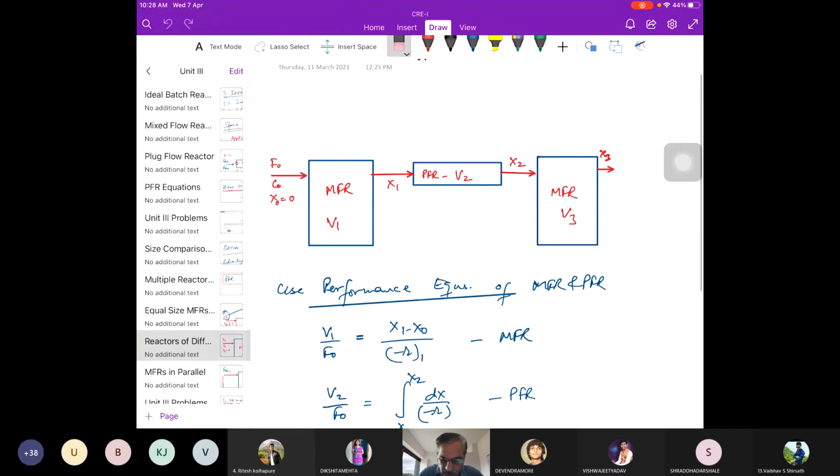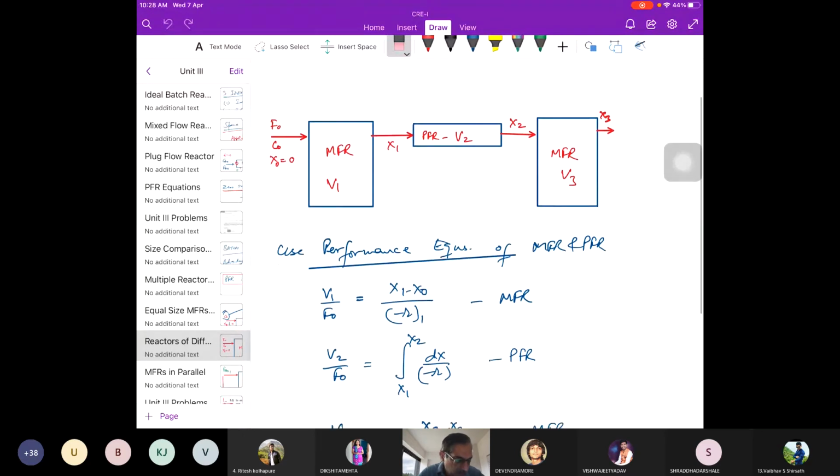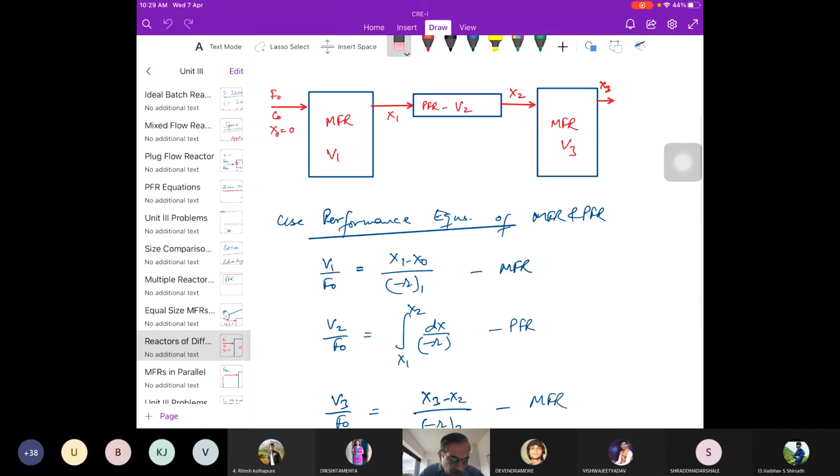हमने किया ऑलरेडी, we solve problems PFR, MFR सीरीज का. So if you have MFR of volume V1, PFR volume V2, MFR volume V3, and initial concentration is C0, molar flow rate is F0, and initial conversion is X0, X1, X2, X3, right? So you can use performance equations. हमने यही किया था.